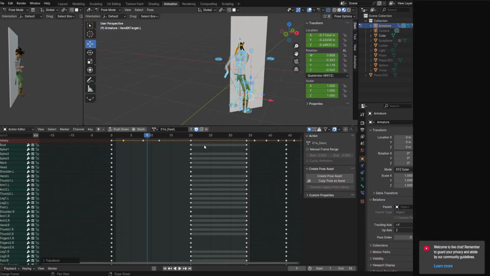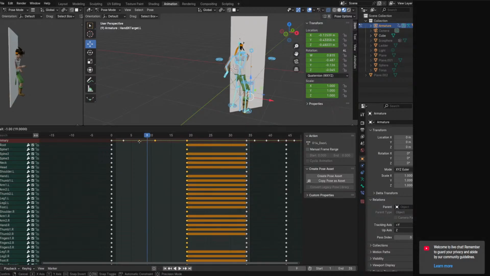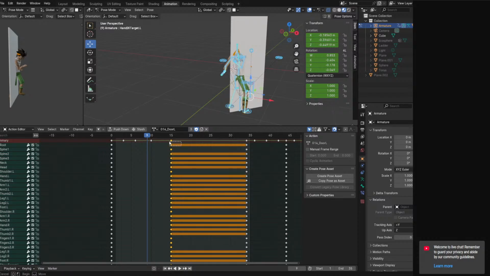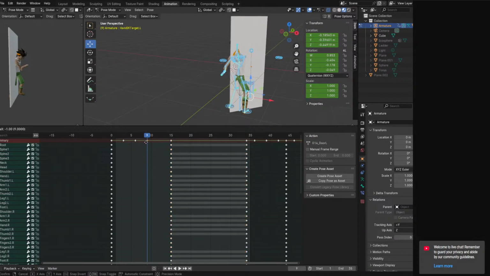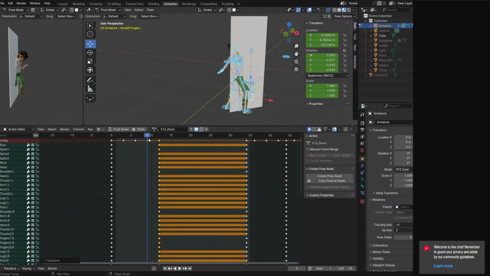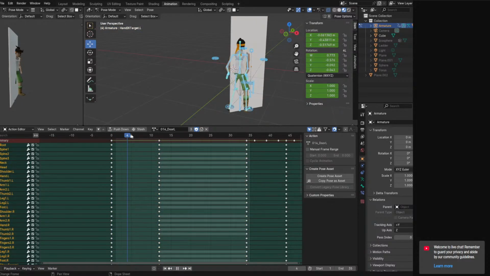I think this animation is going a bit too slow. I think I'm going to move the keyframes closer together. Actually, let's delete these.